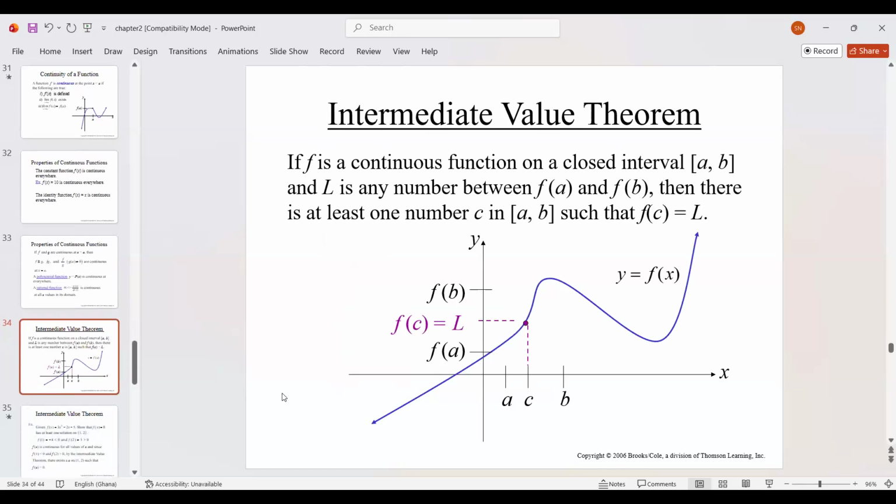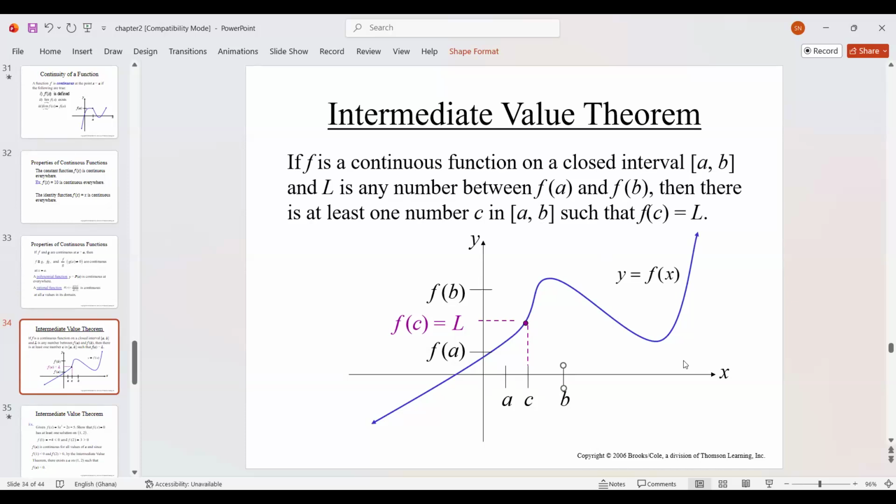Then the intermediate value theorem, IVT. Okay. So here, if you have a function within a closed interval, and L is any number between f of A and f of B. This is A, this is B. So the intermediate value theorem means that we are going to find a value in between the two points, f of A and f of B. Then there is at least one value c within the interval A and B such that f of c will give you L. This is a theorem.